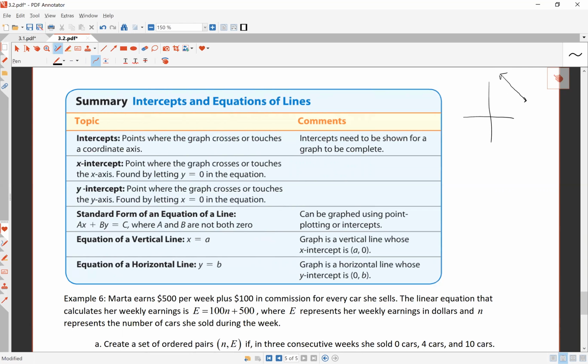The x-intercept, that's a point where it crosses the x-axis. We find this one by setting y equal to 0. The y-intercept is the point where the graph crosses or touches the y-axis. These points always have an x equals 0.